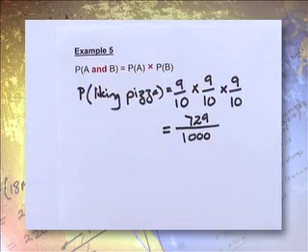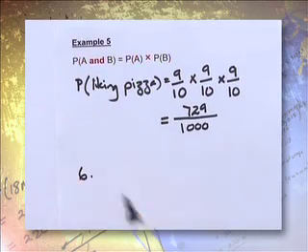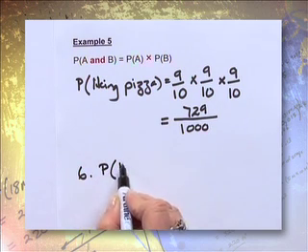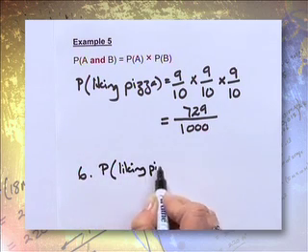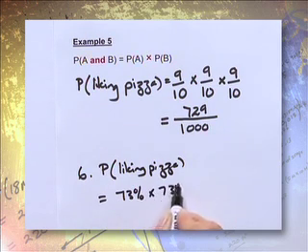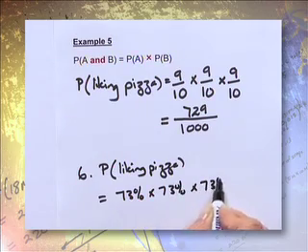So again, for this one, each choice is going to be 73%. It's our last one for this section. It's going to be the probability of liking pizza: 73% times 73% times 73%.